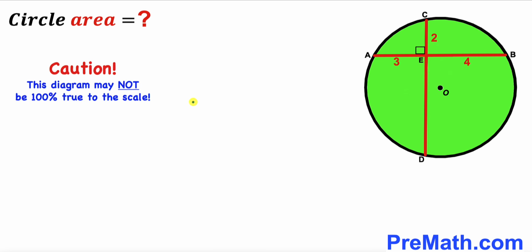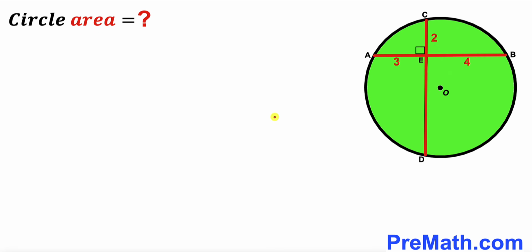Please keep in mind that this figure may not be 100% true to scale. Let's get started with our very first step. Since we are interested in calculating the area of this circle, we must calculate the radius first. I'm going to label the radius as lowercase r, so we are going to solve for r.